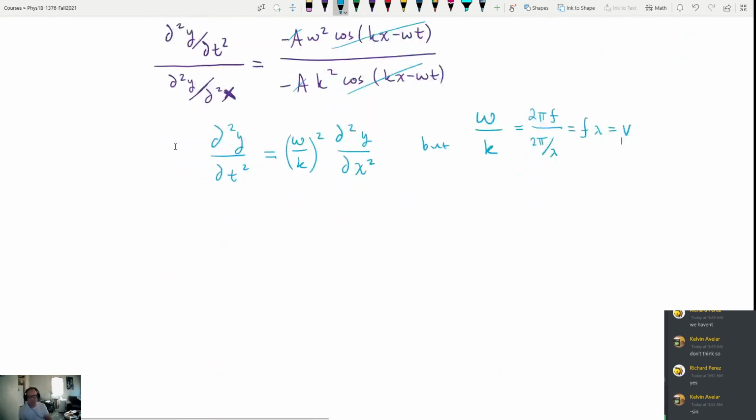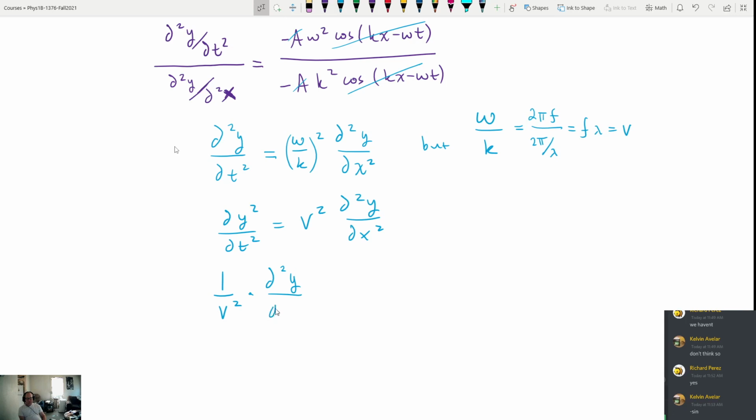So now we're going to say that if that is equal to v squared, the normal way that this is written is to move the v squared to this side. So we have 1 over the velocity squared multiplied by the second partial of y with respect to time. This 2's in the wrong place. Sorry about that. Is equal to the second partial of y with respect to x.